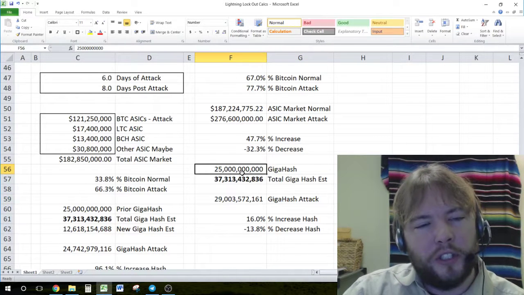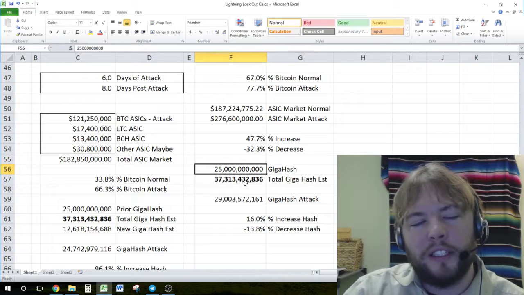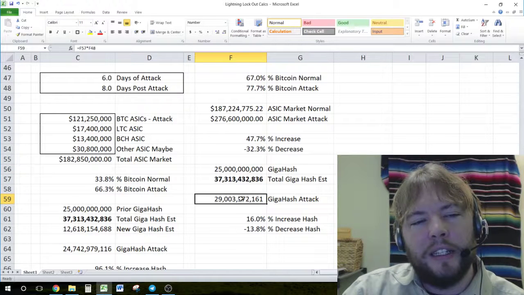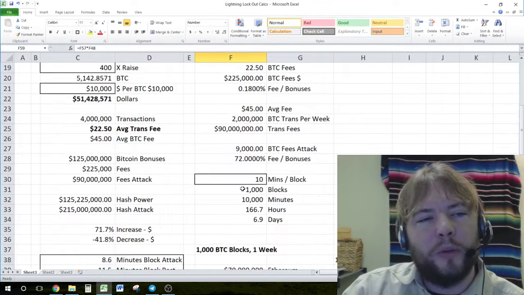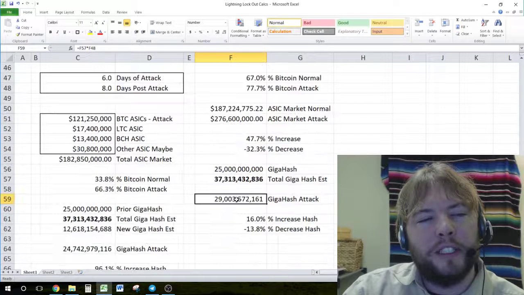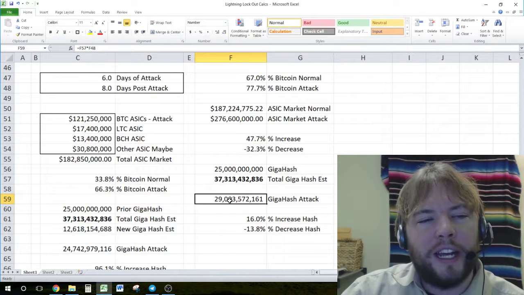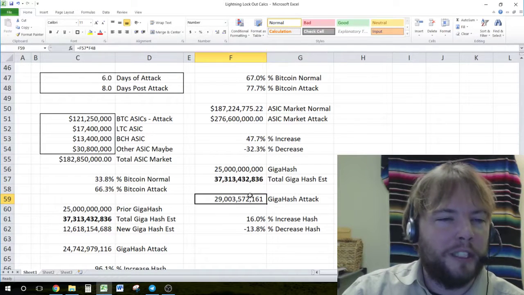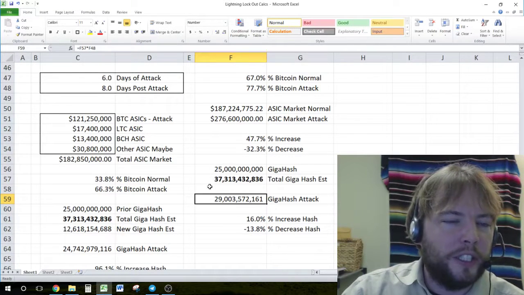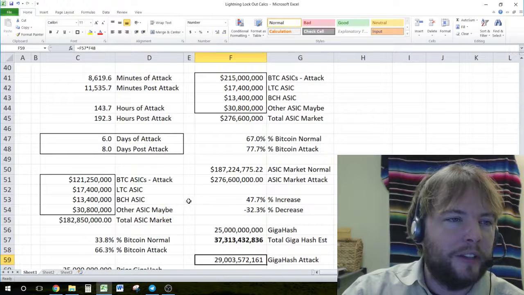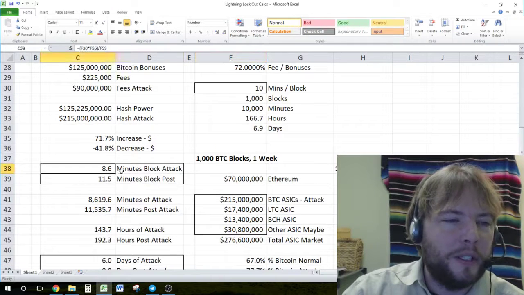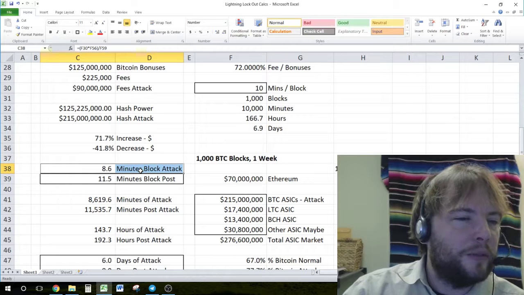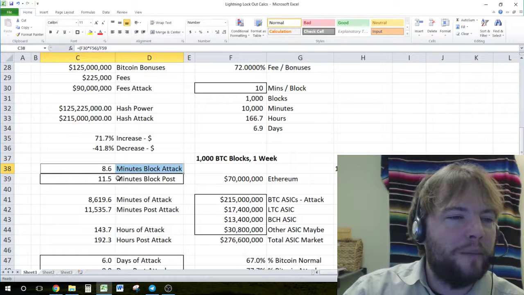We start off roughly with 25 billion GigaHash at the current time. And then in the case of an attack, where we have a 400 times increase in transaction fees, our GigaHash output is going to go to 29 billion. So it doesn't increase 400 times or anything like that. It only increases a very marginal amount. But this would create roughly 8.5 minute block times.